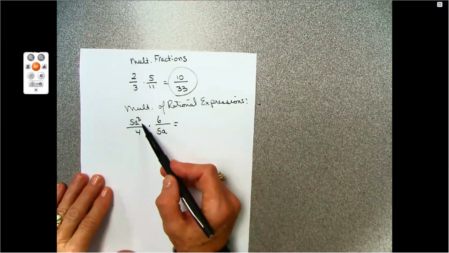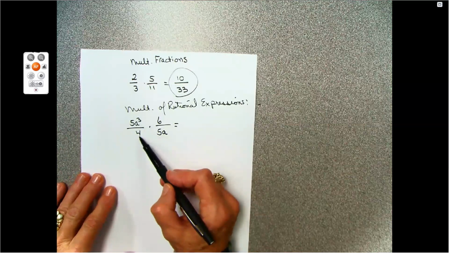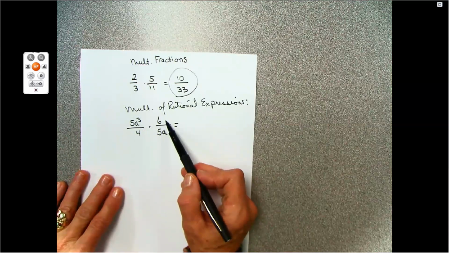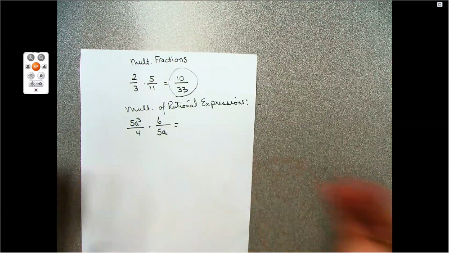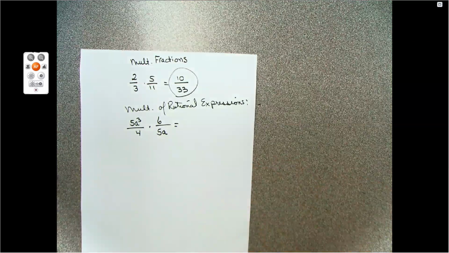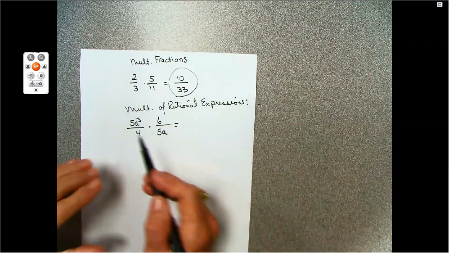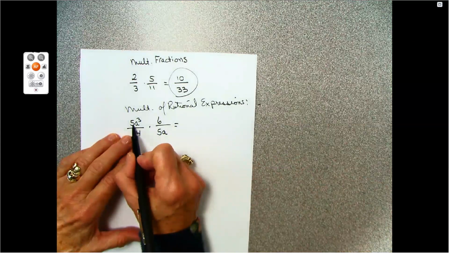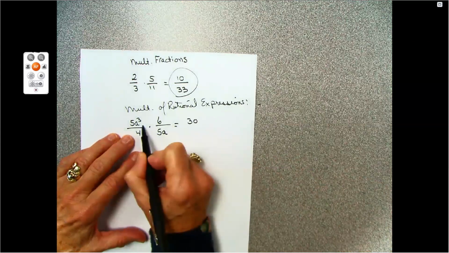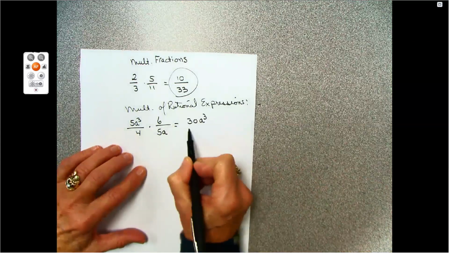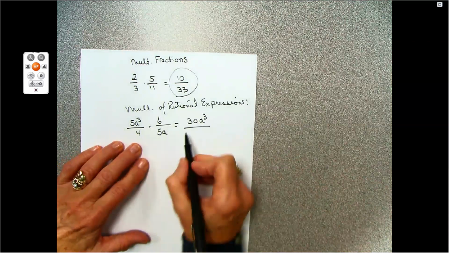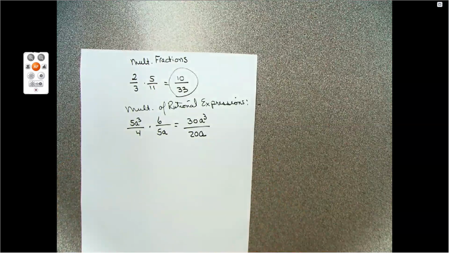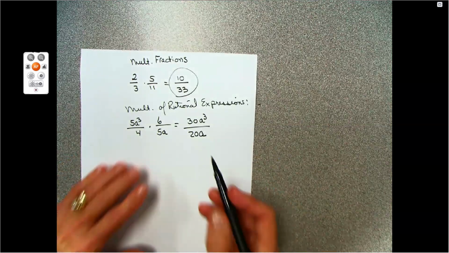I have a monomial in the numerator and a constant in the denominator. Maybe I'll have a binomial in the numerator over a trinomial in the denominator, but it's in fractional form. So multiplication is a piece of cake. Multiply the numerators. I'll have 5 times 6, which is 30a cubed, over 4 times 5, which is 20a. And simplify if we can.